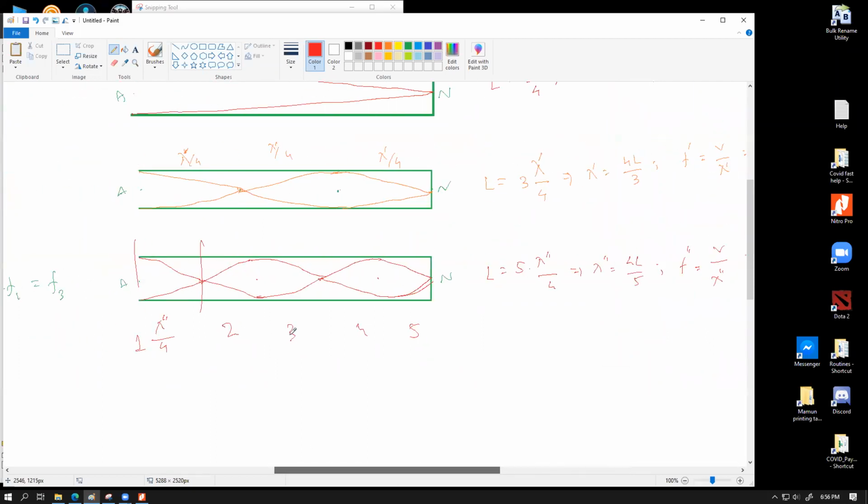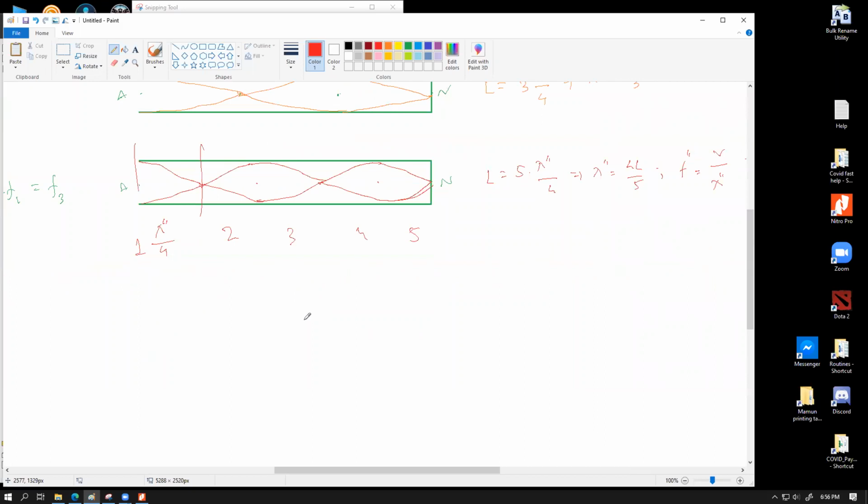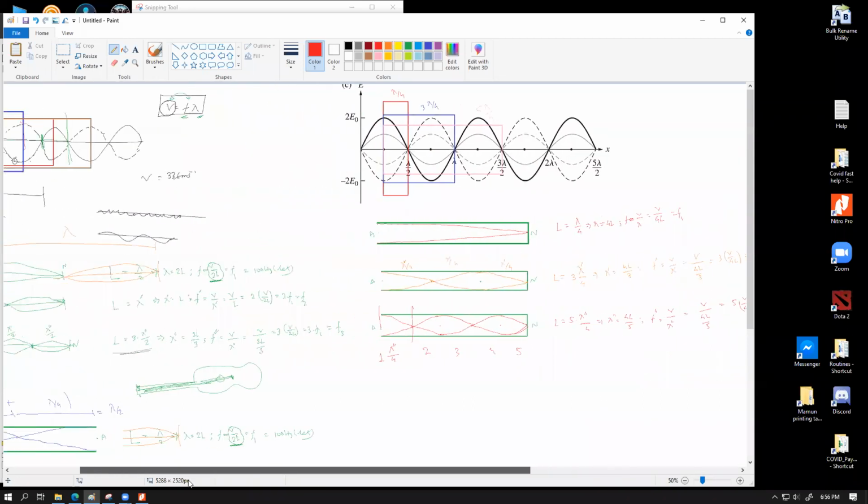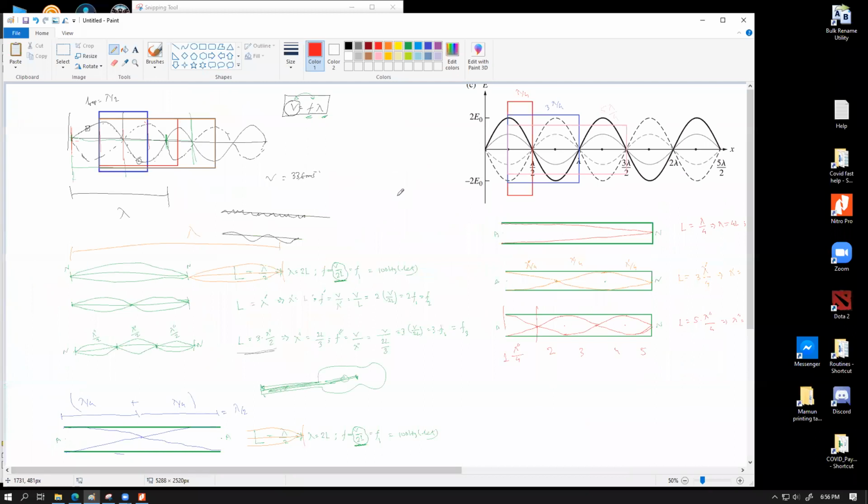We could go on further, but having 3 develops the pattern, so I'm not showing you any further. But if you want, you can draw further, and you're going to get 7, then 9, then 11. If I zoom out and show you a consolidated view of what we just discussed, here you can see that a one-end open tube and a one-end closed tube are both the same thing.